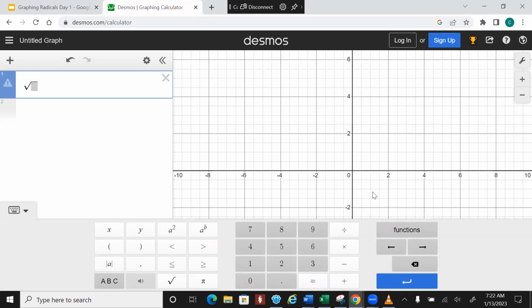So you're gonna click on that, and notice how it puts the little like cursor right here. You're gonna type 3, and then you're gonna put x underneath the radical.